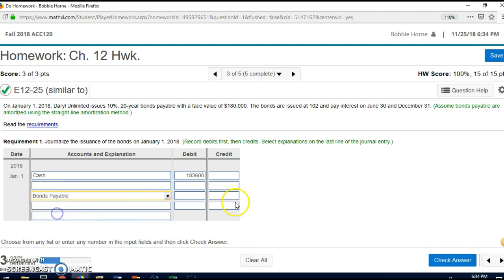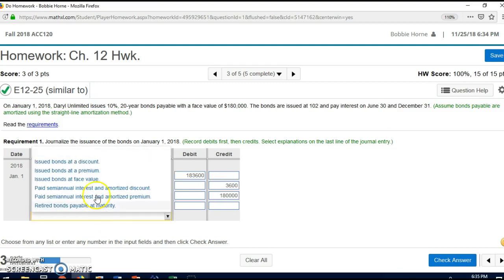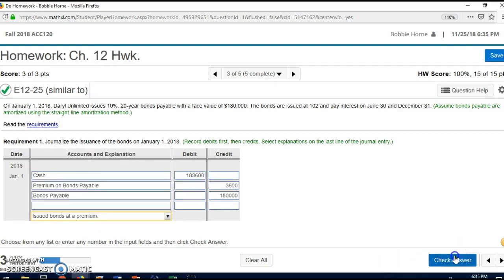But we're only going to pay back $180,000, so we're getting a premium on the bond of $3,600. So this is issuing a bond at a premium.